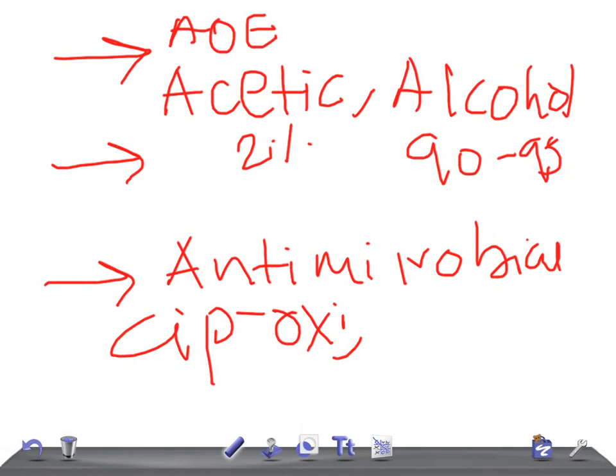So just remember for USMLE the antimicrobial agents: ciprofloxacin, polymyxin B, ofloxacin. This is really very important. And in otitis externa, we don't give systemic therapy if it's uncomplicated. If it's complicated, we're going to give it. Usually in the USMLE examination, they give you the uncomplicated AOE. Okay, guys.